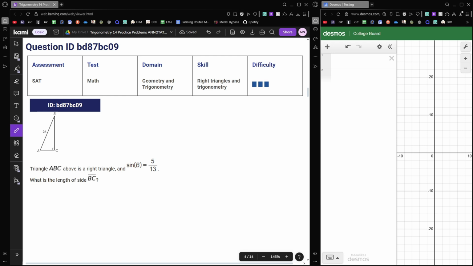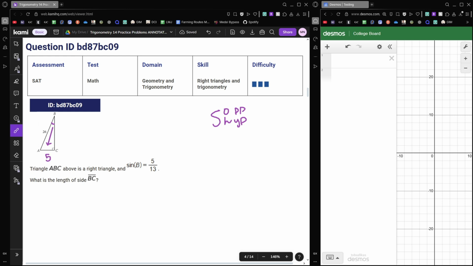Question number 4. Triangle ABC above is a right triangle, and sine of B is equal to 5 over 13. So in SOHCAHTOA, sine is going to be SOH, which is opposite over hypotenuse. So here's angle B, and opposite of B is going to be 5.